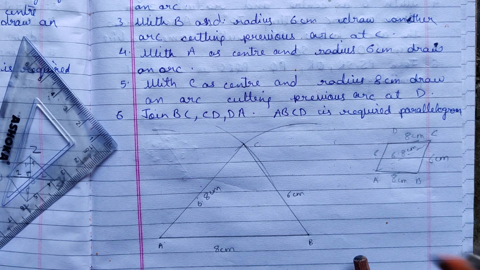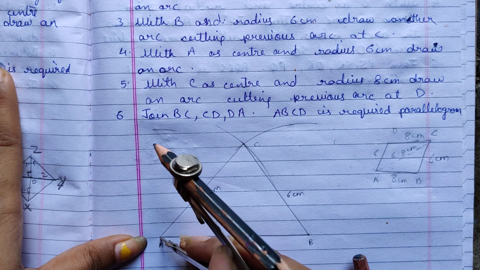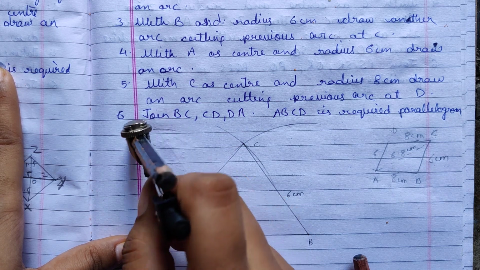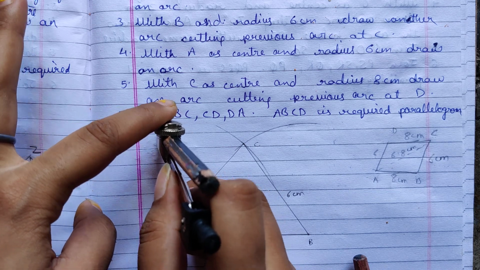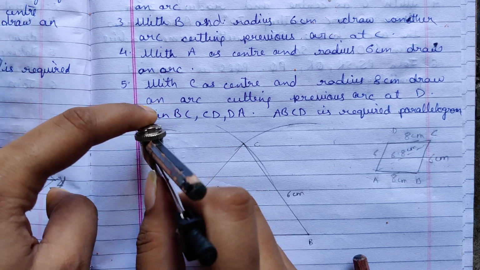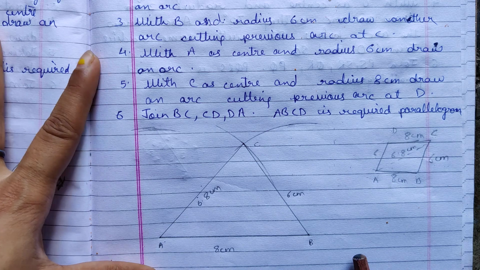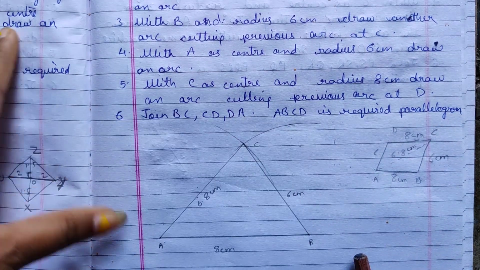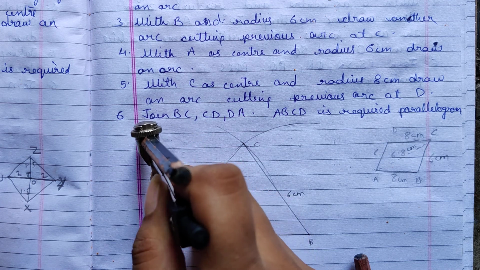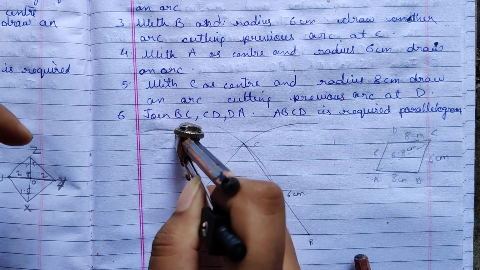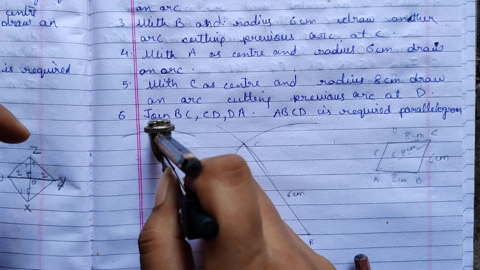Before I forget, I should also increase the length of the diagonal. It was not disturbed. Drawing again. The radius was 6 centimeter, so just draw it and increase the length of the diagonal.